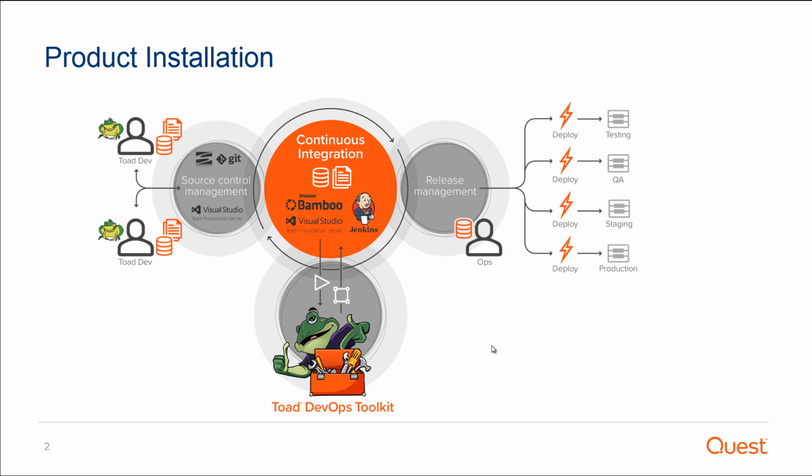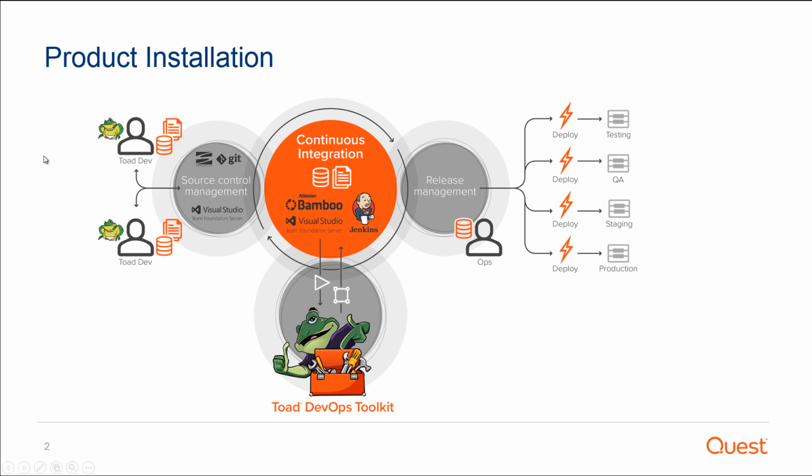You can see from this schematic here where Toad DevOps Toolkit is installed in relation to other parts of your DevOps infrastructure, and its relationship with the traditional classic Toad for Oracle desktop tool, which is used by Toad developers and DBAs.